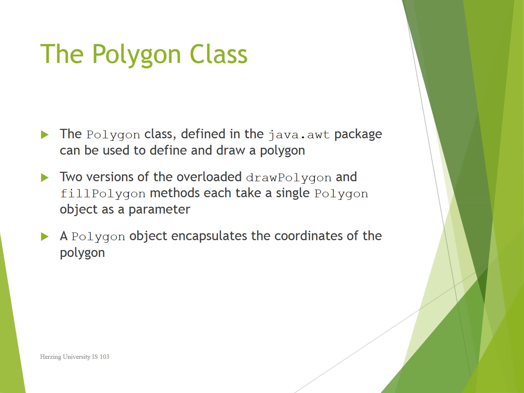The Polygon class, defined in the java.awt package, can be used to define and draw a polygon. Two versions of the overloaded drawPolygon and fillPolygon methods each take a single Polygon object as a parameter. A Polygon object encapsulates the coordinates of the polygon.